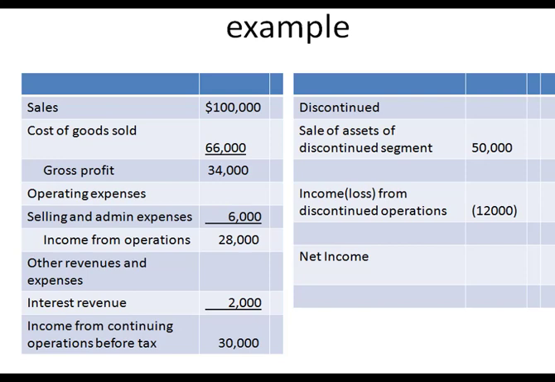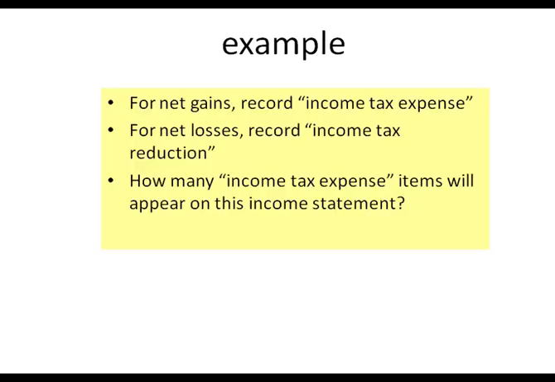Here, under income or loss from discontinued operations, we would take all of the television station revenues minus the television station expenses, and we can see that this year, in the year of termination, it's resulted in a loss of $12,000.